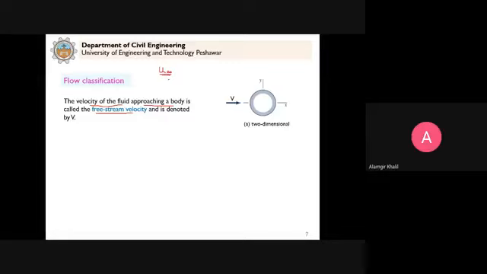Clear? The reason for this is that when we have a two-dimensional flow field, the flow can occur in the x direction and also in the y direction. Clear? So if you remember, when we studied turbulence, in that case we denoted the velocity vectors as u in the x direction.